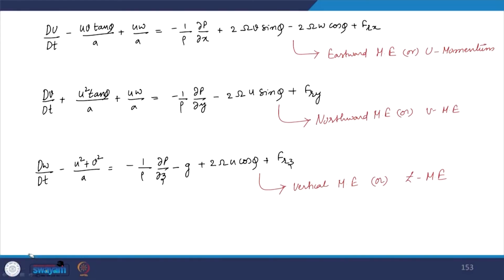Now, interestingly, there are many inferences that you can draw just by looking at each of the terms that appear in these equations. You see du by dt, dv by dt, dw by dt. So, the rate of change of velocity in the x direction is governed by this equation. For example, the rate of change of velocity in the vertical direction is governed by this equation, and this is the only equation where g appears, because g happens to have a magnitude of minus 9.81 only in the negative k cap direction.